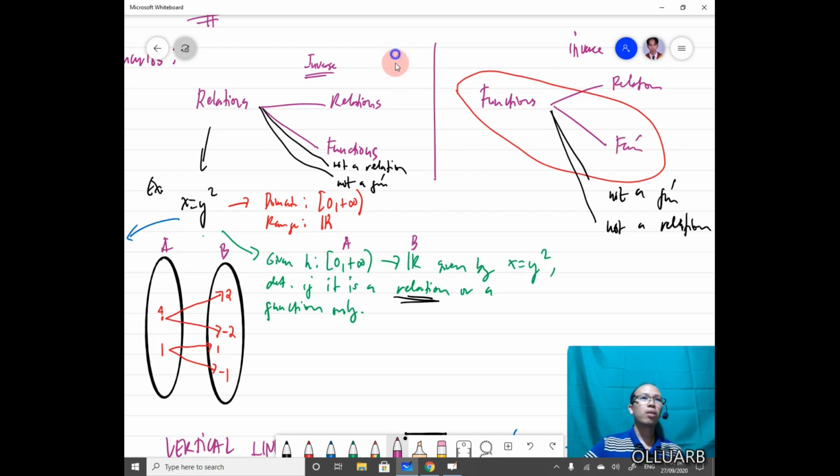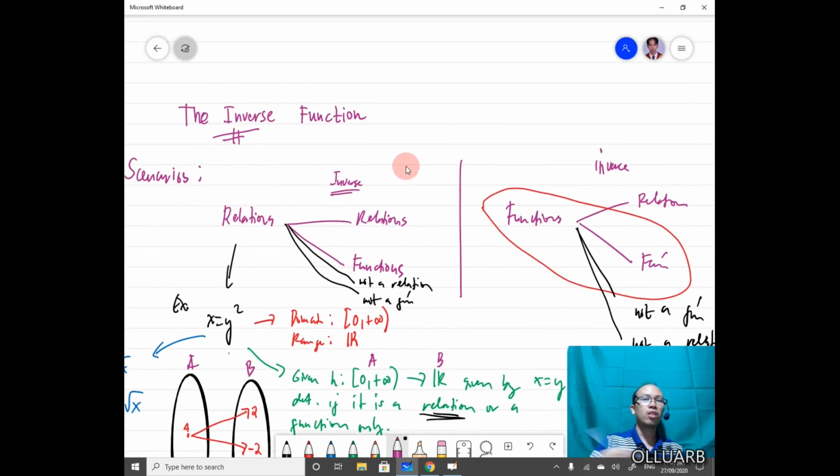Okay, and by the way, the notation for the inverse is, if you are given a function f, then the inverse is denoted by the symbol. Okay, this is the given and this is the inverse.